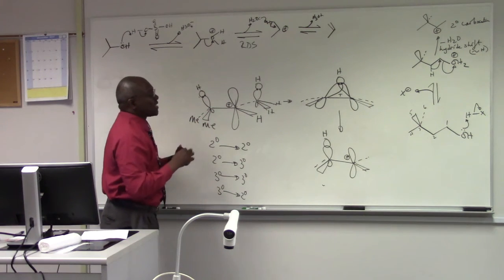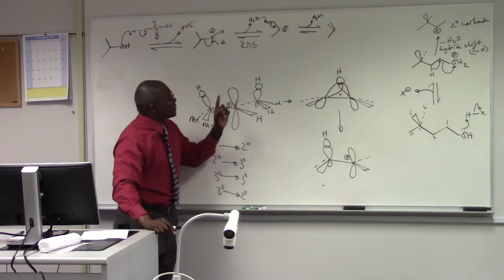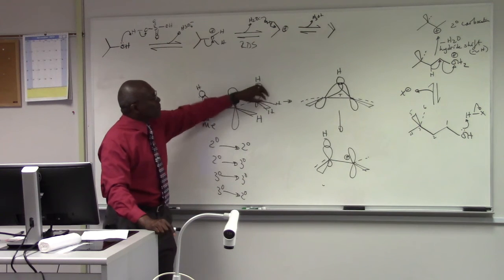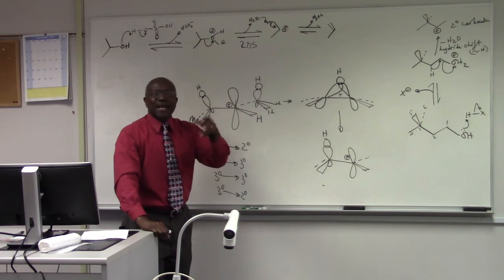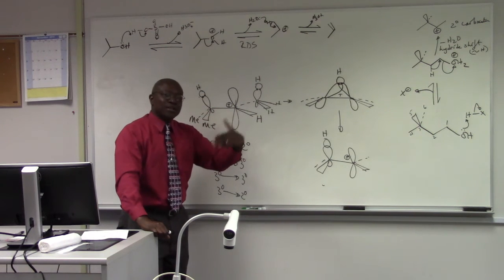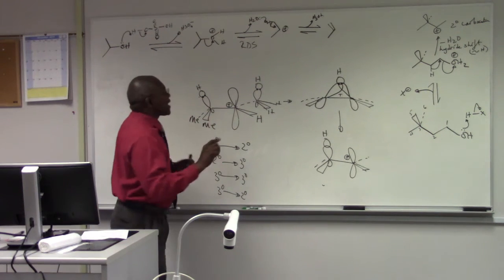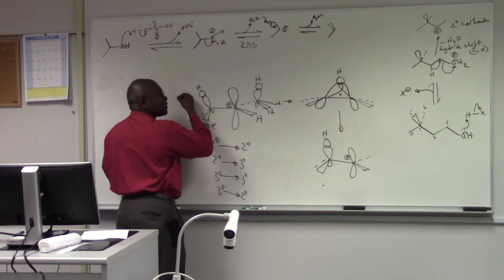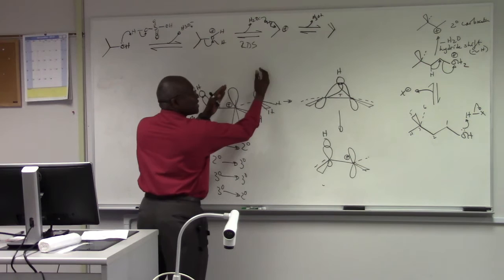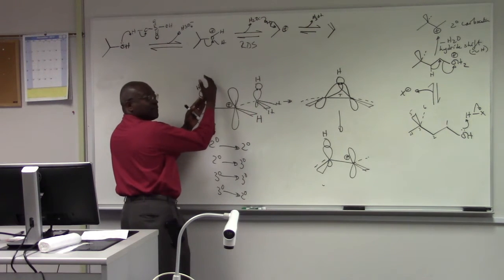What's also interesting is that, and we'll talk about this in a second, when the p orbital grabs electrons and pulls, electrons move at the speed of light. Atoms are much slower. So really what happens is that the p orbital leans over, grabs the electrons and pulls, and then the atom lags behind.